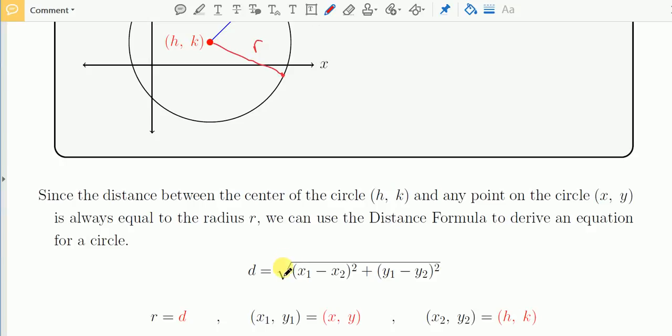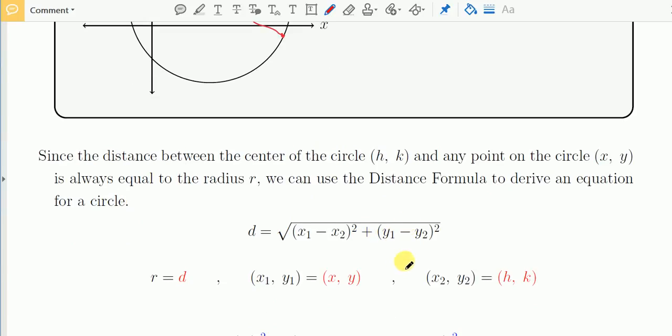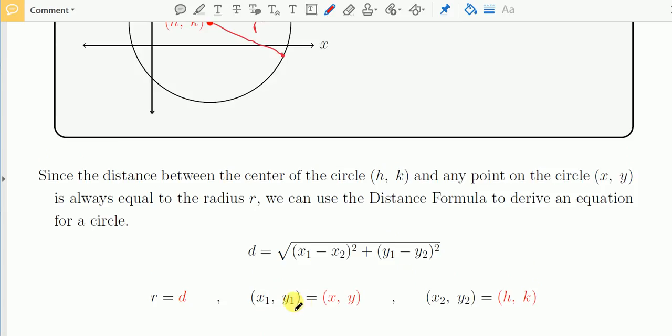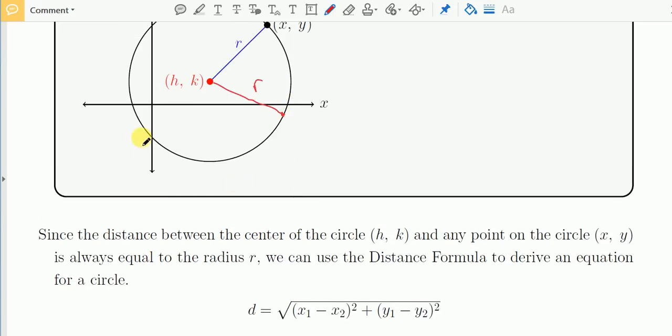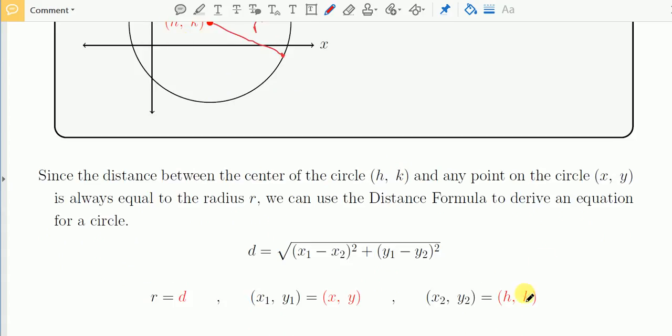Remember, from section 2.1, the distance formula is the square root of (x1 minus x2) squared plus (y1 minus y2) squared. Now, if I let x1 and x2 be x and h, and y1 and y2 be y and k, the first point (x1, y1) is any point (x, y) on the circle, and the center is the point (h, k), represented by x2 and y2.